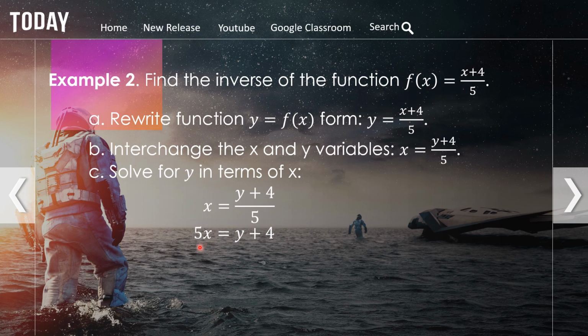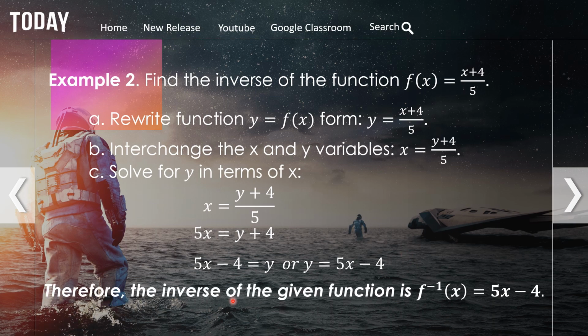So we have 5x is equal to y plus 4. Therefore, y is equal to 5x minus 4. You can write it this way or this way. So therefore, the inverse of the given function, f of x equal to x plus 4 over 5, is 5x minus 4.